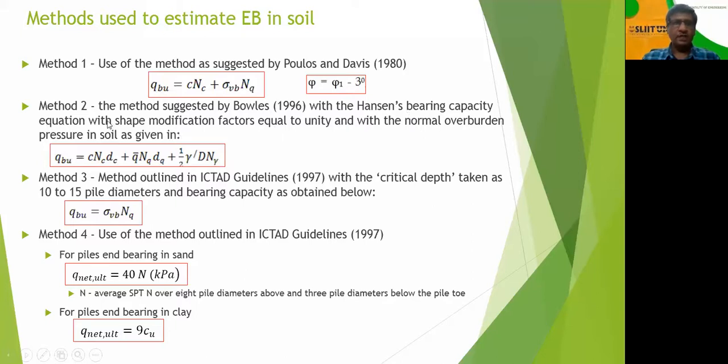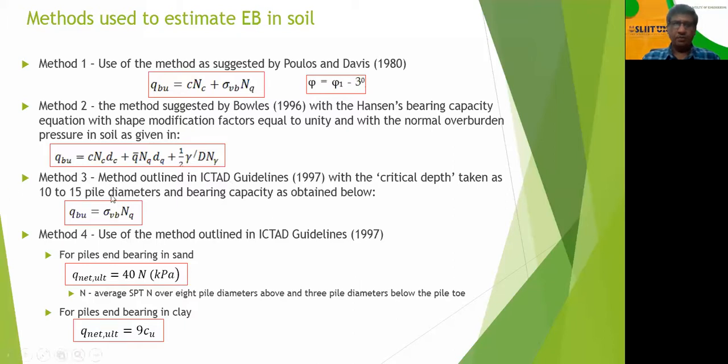We say that the shape modification factor is equal to unity, and we use the normal overburden pressure in the soil, that is the q bar value. That is method 2, as mentioned in the Bowles textbook. Method 3 is based on the ICTAD guidelines, where we use the critical depth concept, taken as 10 to 15, so about 13 B, as the critical depth.